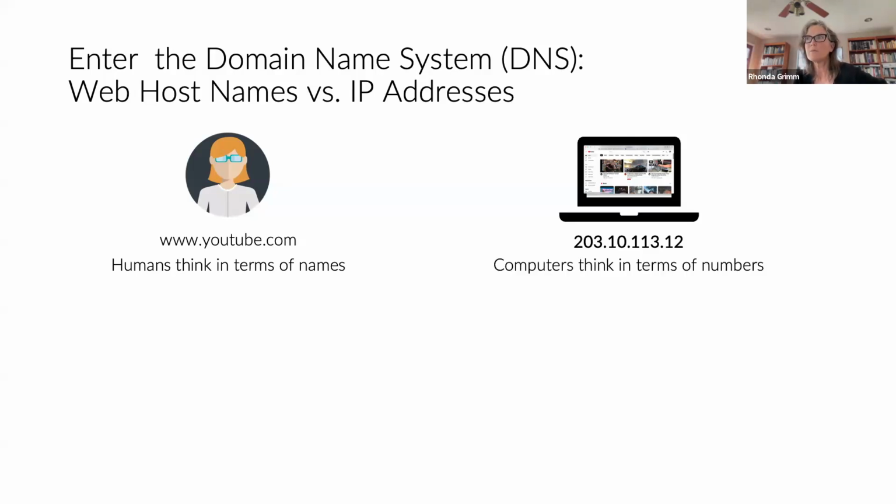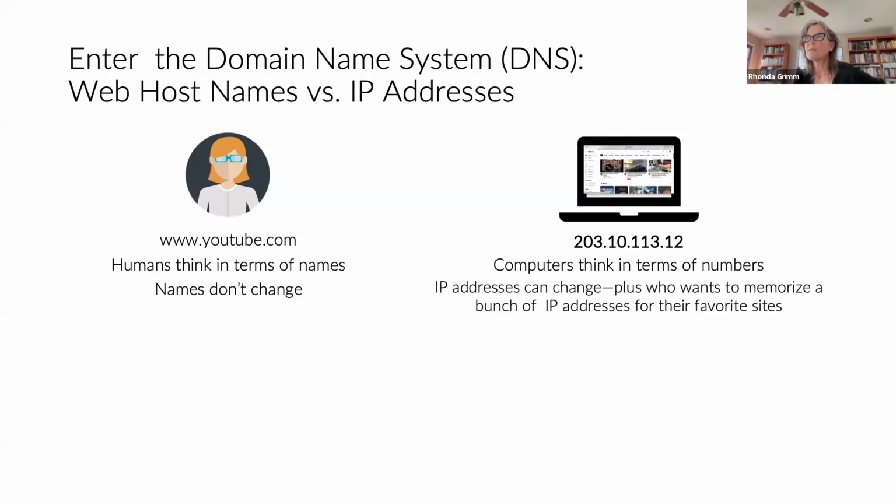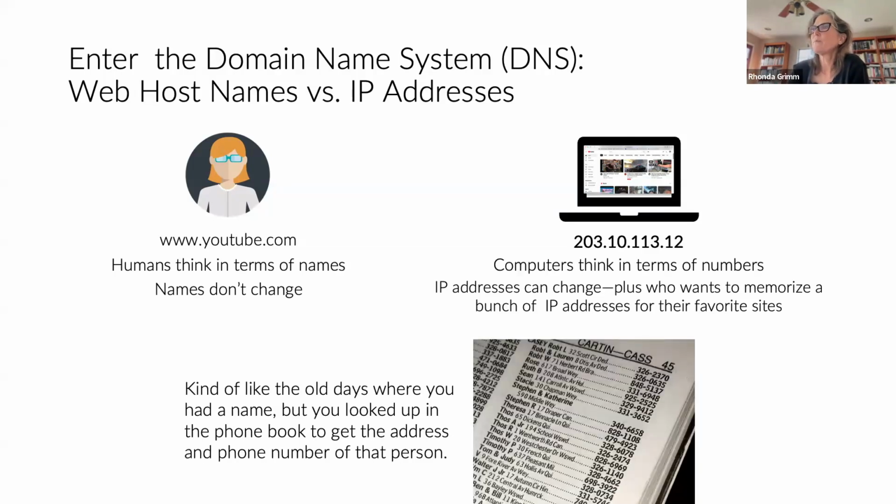Computers think in terms of numbers. Names don't change. IP addresses can change. And also, who wants to memorize their favorite sites' IP addresses? That would be terrible. So it's kind of like the old days where you had a phone book. You remembered your friend's name, but you couldn't necessarily remember their phone number or their address. So you could look it up in the phone book.